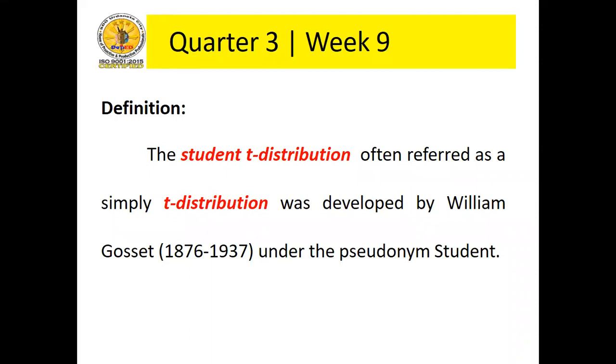So for the definition, the student t-distribution, often referred to as simply the t-distribution, was developed by William Gosset from 1876 to 1937 under the pseudonym Student.